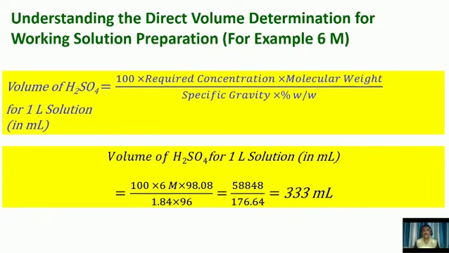I am again reinforcing it, highlighting it. So we have taken the value 1.84 into 96, that is percent weight by weight. After computing we get the same volume. This volume you have to take and simply dilute it to 1000 ml, so that you will again get your required concentration solution.